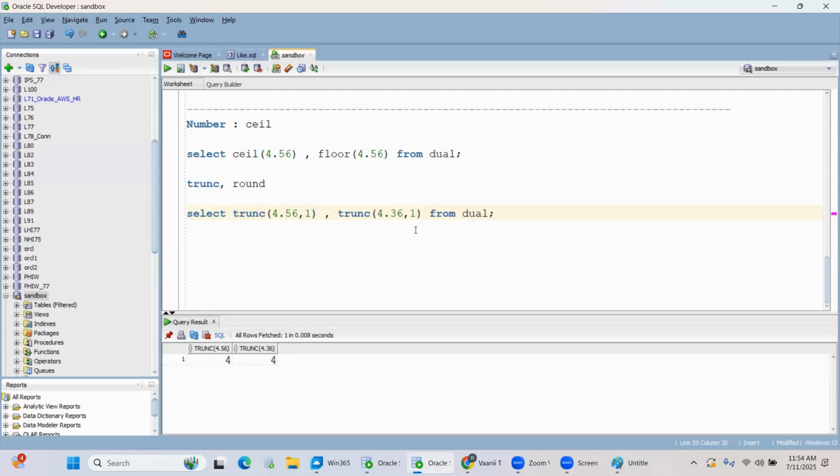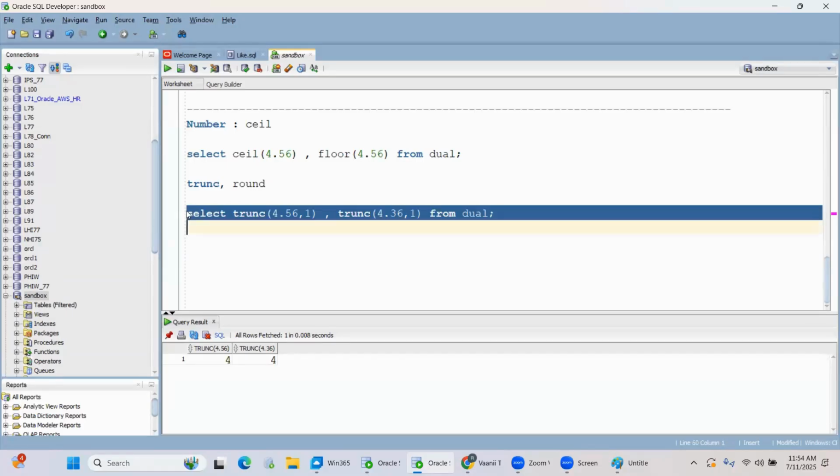Any one of you have any idea? The 1 here is how many digits after the decimal you are asking this function to keep. So 4.5 and 4.3. That's right. So guys, is this trunc function clear to all of you?